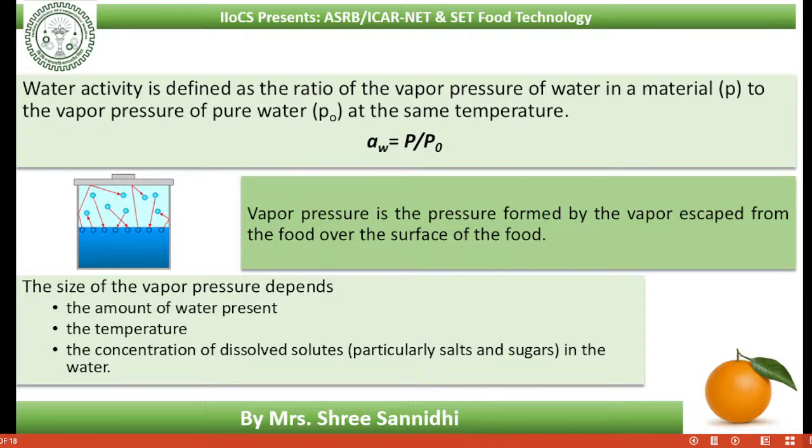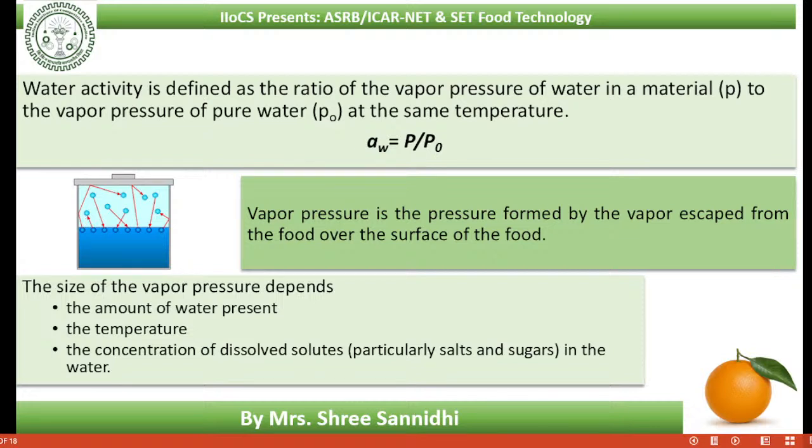Vapor pressure is the pressure formed by the vapor escaped from the food over the surface of the food. So vapor pressure is the pressure exerted by the vapor, okay, which has escaped from the food. So they exert some pressure on the surface of the food. So that is nothing but vapor pressure.